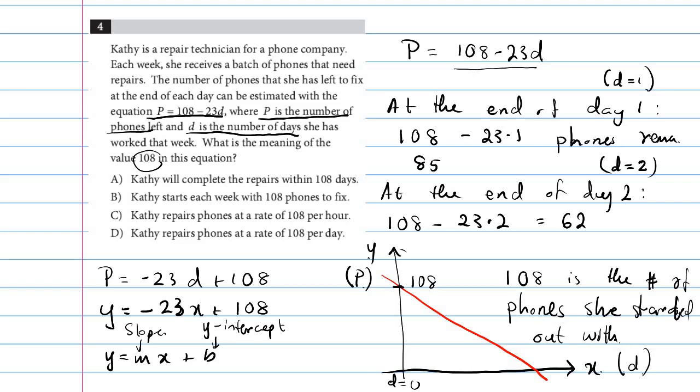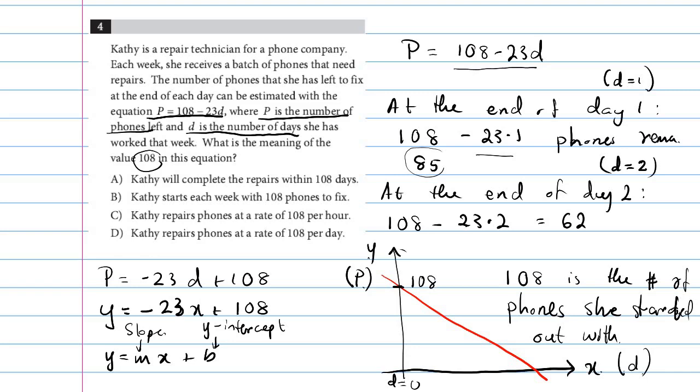Right, so if you look at it in the bigger picture, every day she prepares 23 fonts. So you start out with 108, and then at the end of the day she has prepared these 23 fonts. So that's why you have 85 fonts remaining at the end of day 1.